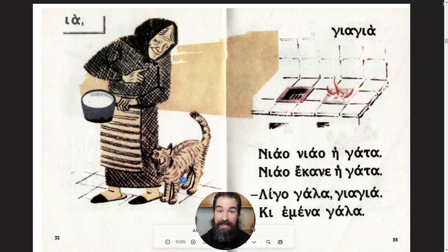And here we have a cat. A cat in Greece does not say meow, but rather it says niao. Niao, niao, η γάτα. Έκανε η γάτα. Λίγο γάλα, γιαγιά, και εμένα γάλα.